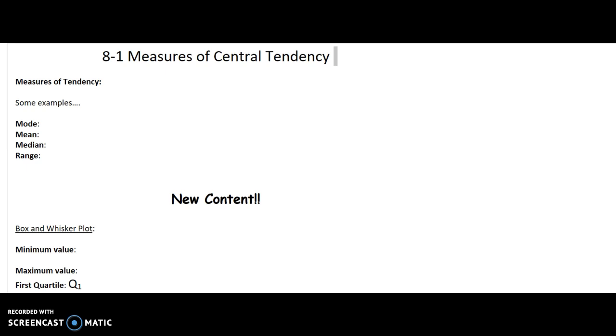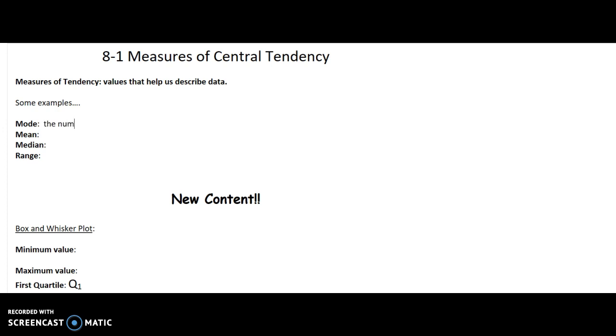Measures of central tendency. I am sure that you have worked with some measures of central tendency. First, we're going to define it. Measures of central tendency are values that help us describe data. Some of us have worked with these 4 types. We have worked with mode.